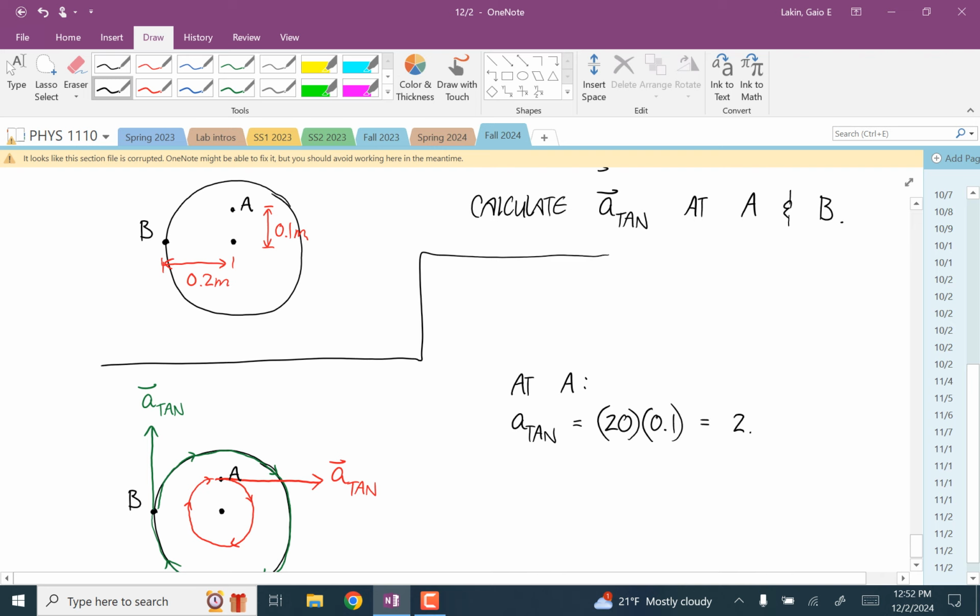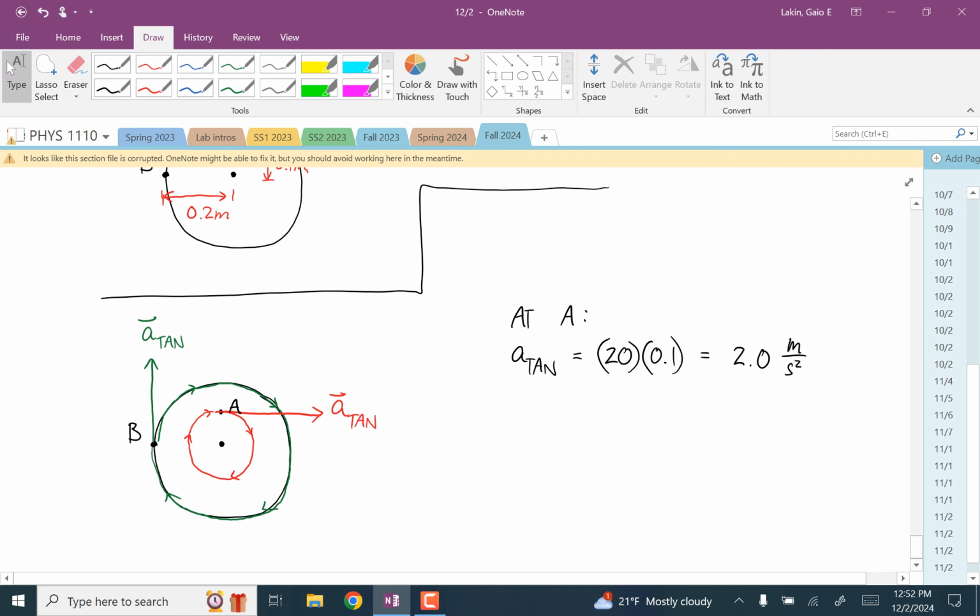So this is 2.0 meters per second squared. From the picture, you can see that tangential acceleration is in the positive x direction. So the tangential acceleration vector is (2.00, 0).